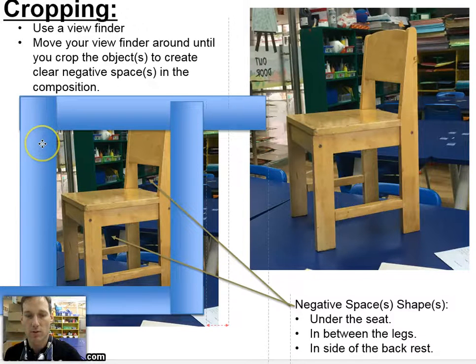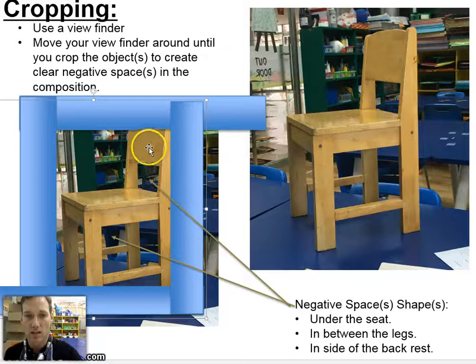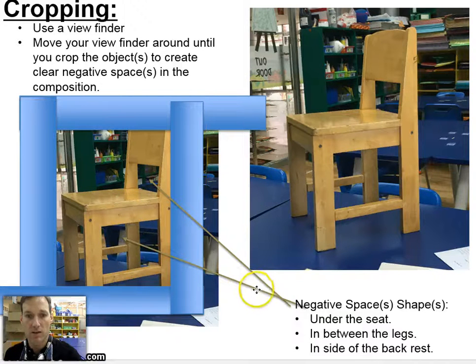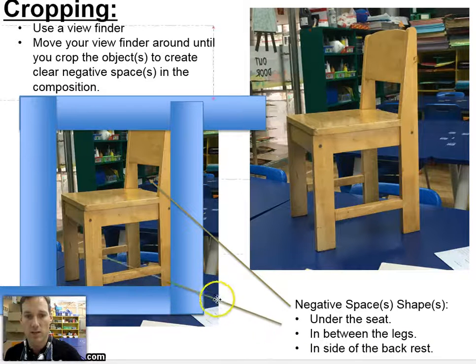I actually crop so that this edge of the chair is in the picture, and I'm looking at these negative spaces, like this negative space in the back of the backrest, this negative space here underneath the seat of the chair, and this negative space over here in between the front two legs of the chair.